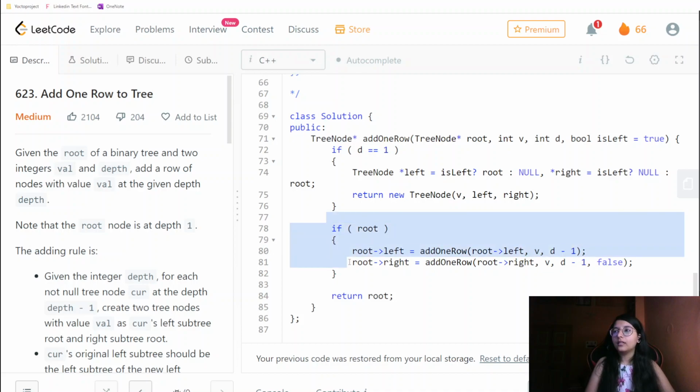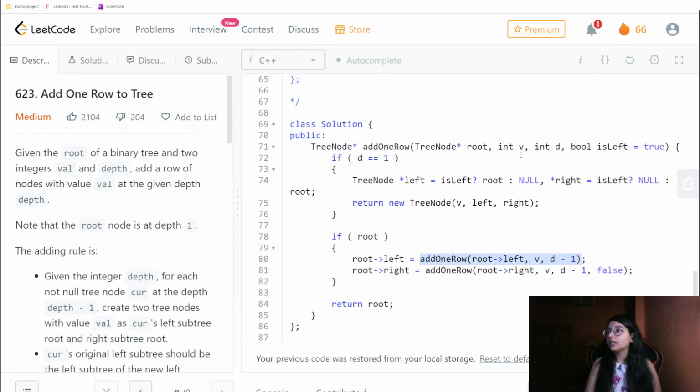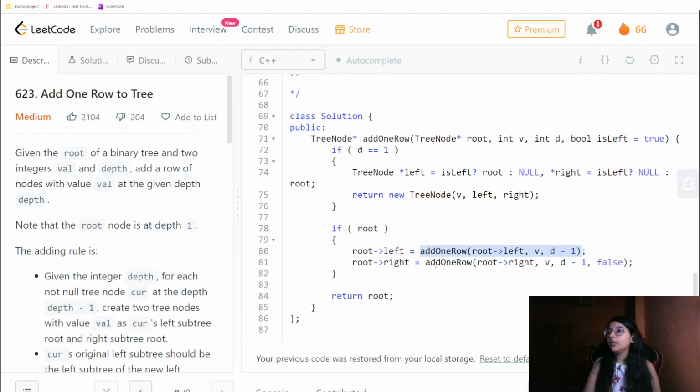Now, first let me explain the major portion of DFS, that is going towards the left and going towards the right. Basically, we have two options. Either we can go towards the left or we can go towards the right. When we are going towards the left, we are directly passing left, V, that is whatever value we have, and D minus 1, basically subtracting the depth. And when we are going towards the right, we are also passing this extra variable, false.